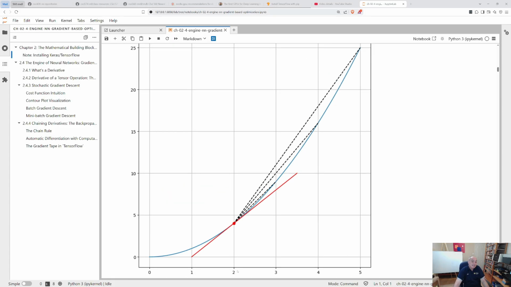Since the derivative is 2x, that tells me that the slope when x is 2 is 4, right? And the slope should get bigger as we go this way. So when x is 4, the slope is 8, significantly bigger. And when we go over this way, the slope is getting smaller. So when x is 1, the slope is only 2. And here the slope is 0, right? Whenever the slope is not changing, you'll have a slope of 0.